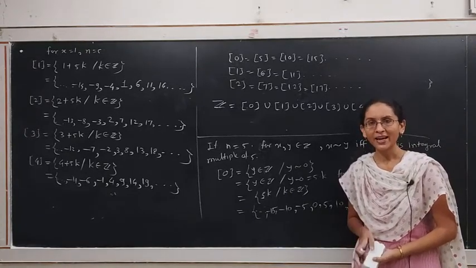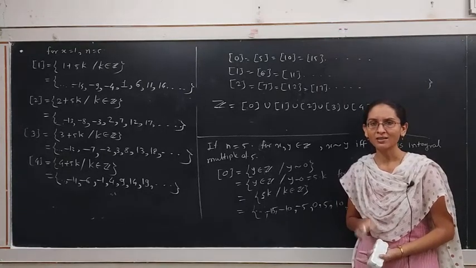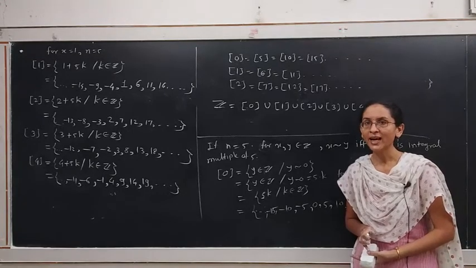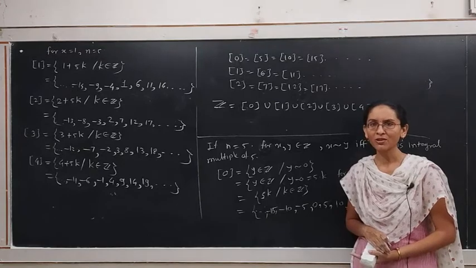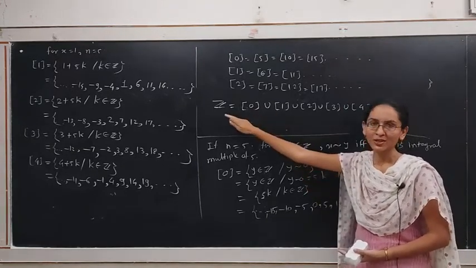We can divide the set of integers into 5 subsets whose union gives the original set Z.